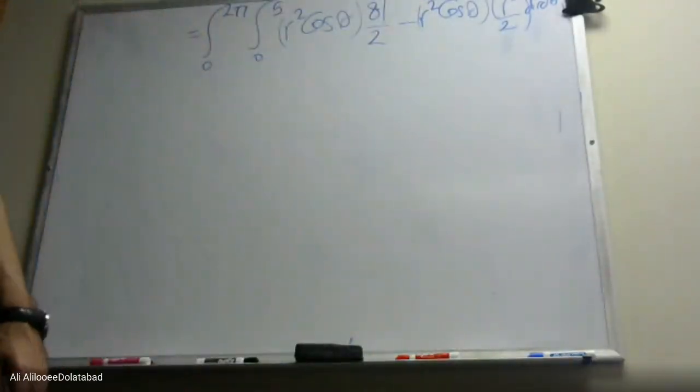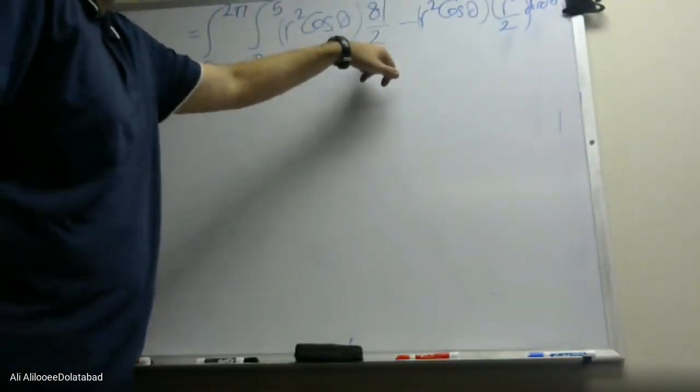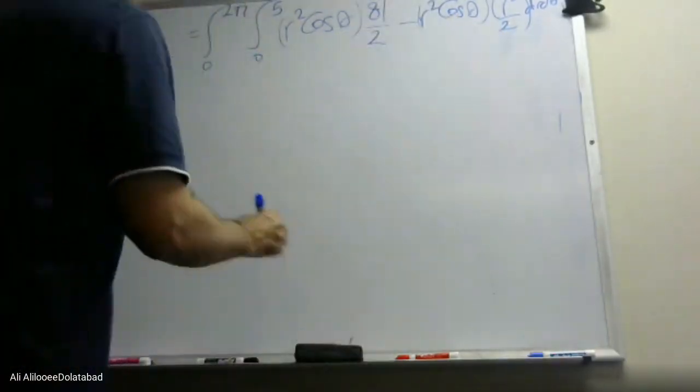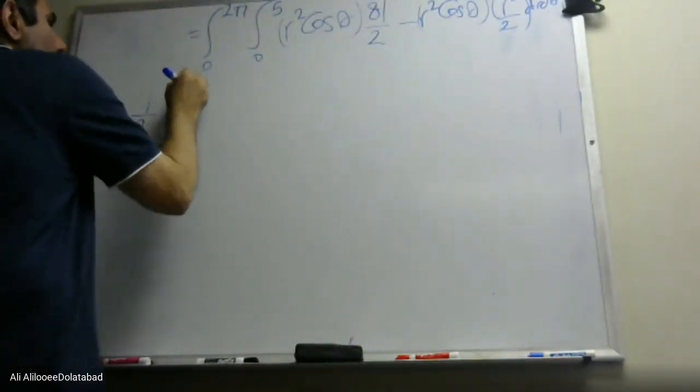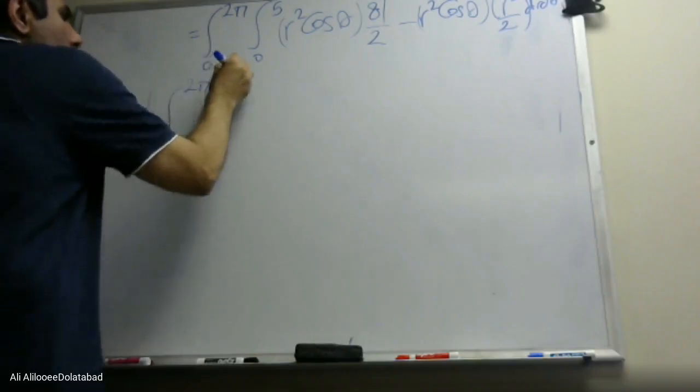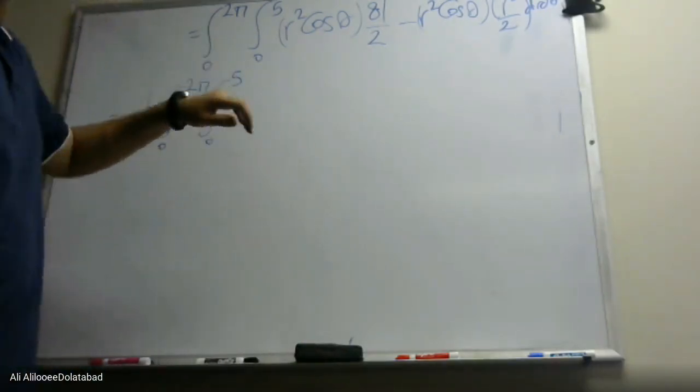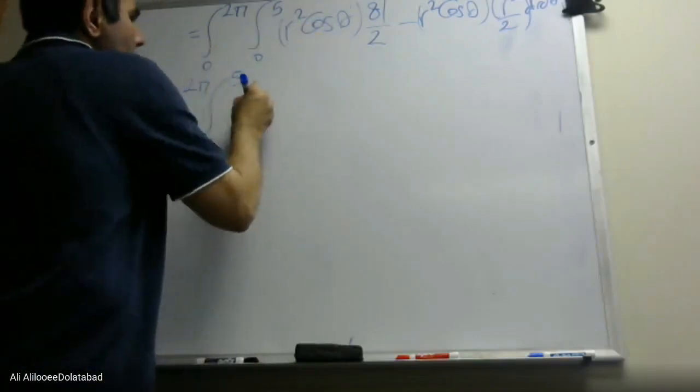So you have 1/2, and this 1/2 can be written outside. The integral is from 0 to 2 pi, and from 0 to 5. You can factor out cos theta.